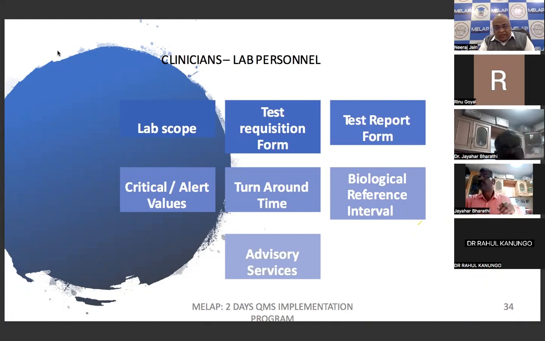What is the clause related to biological reference interval? Yes, very good, 7.3.5. And what is the clause related to advisory services?